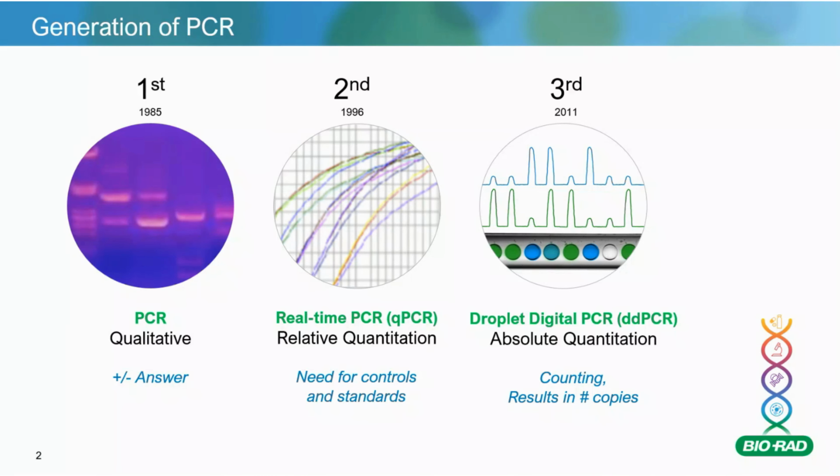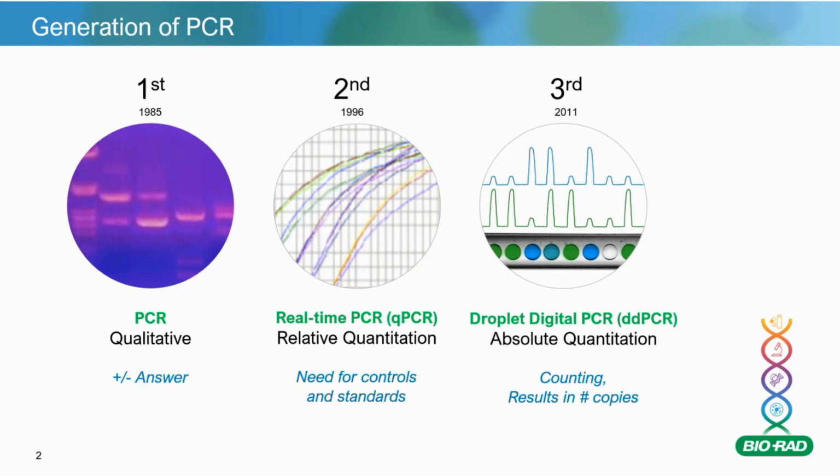So ddPCR stands for Droplet Digital PCR. When we describe it, we're really talking about a third generation of PCR. It's built on the foundations of PCR in general. The first type of PCR, in 1985, was qualitative PCR.